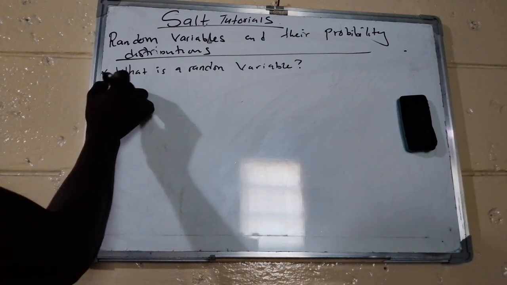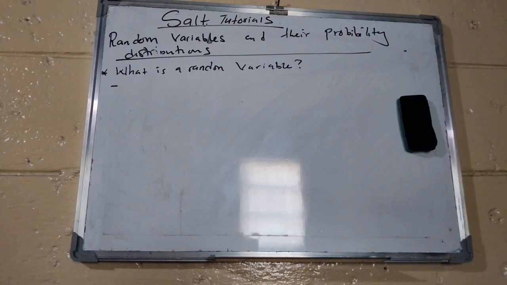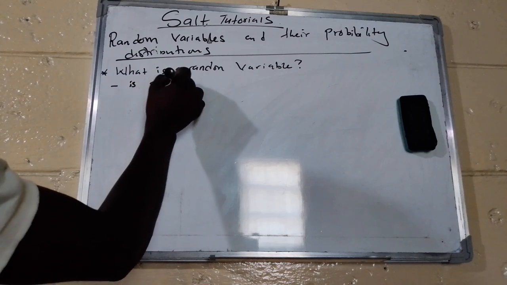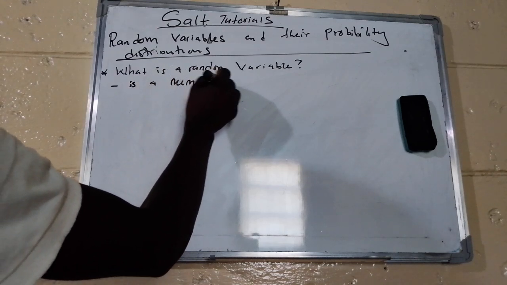The same way we've been talking about variables in mathematics, this is what we're talking about now in probabilities. When it comes to a random variable, we're just talking about a numerical measure. What is a random variable?